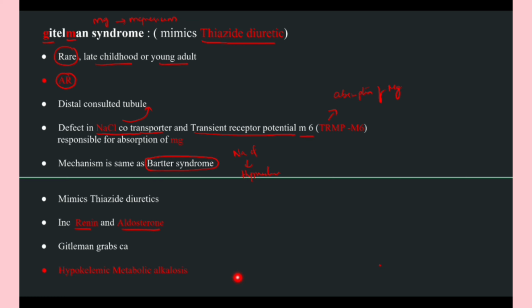And here if we notice, Gitelman spares calcium, so there is no hypercalciuria in Gitelman. Hypercalciuria is specific to Bartter syndrome. And there is hypokalemic metabolic alkalosis like Bartter syndrome.